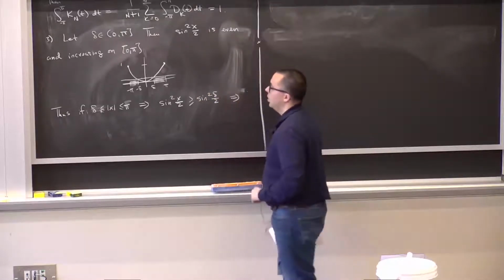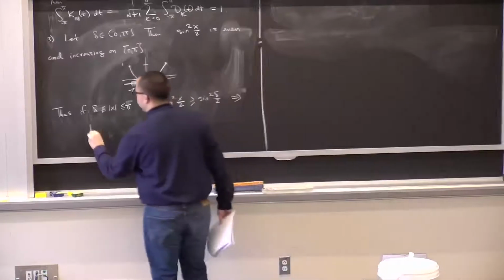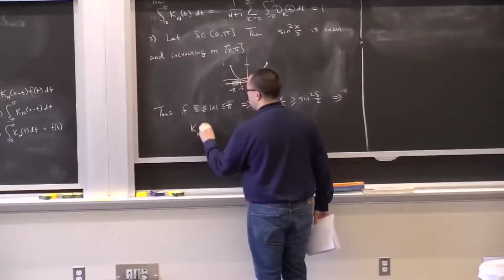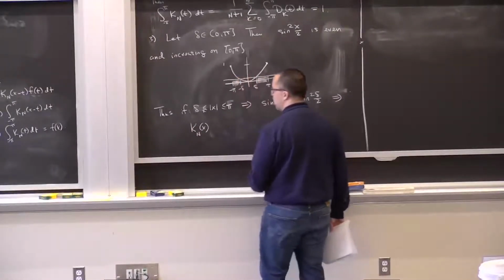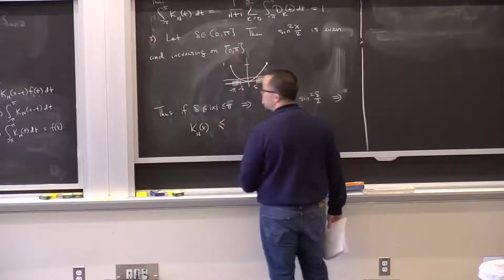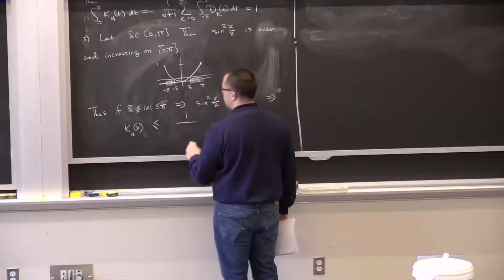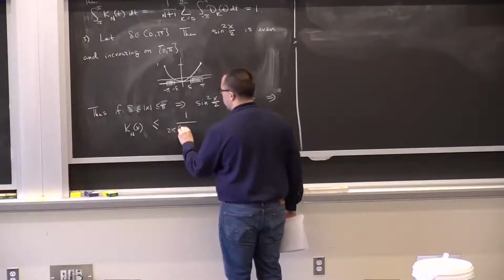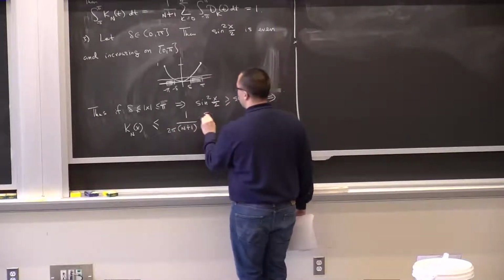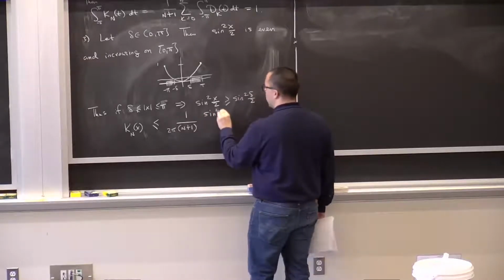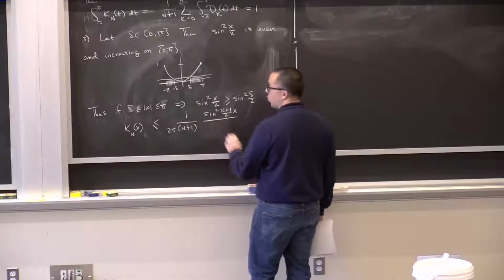And therefore, I get that K_n of x, which is equal to its absolute value, is less than or equal to 1 over 2 pi (n plus 1) sine squared ((n plus 1) x over 2) over sine squared x over 2.